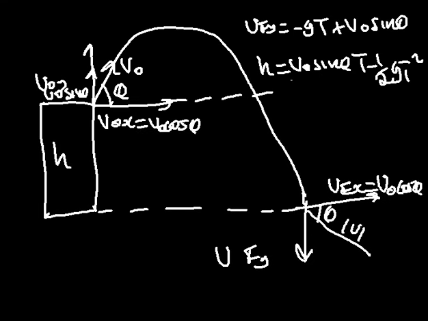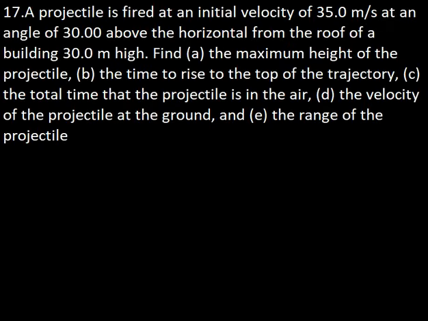And let's see how we can do some questions with this case of projectile motion. Now let's appreciate this typical question: a projectile is fired at an initial velocity of 35 meters per second at an angle of 30 degrees above the horizontal from the roof of a building 30 meters high. So you can see, let's say this is a building 30 meters high.